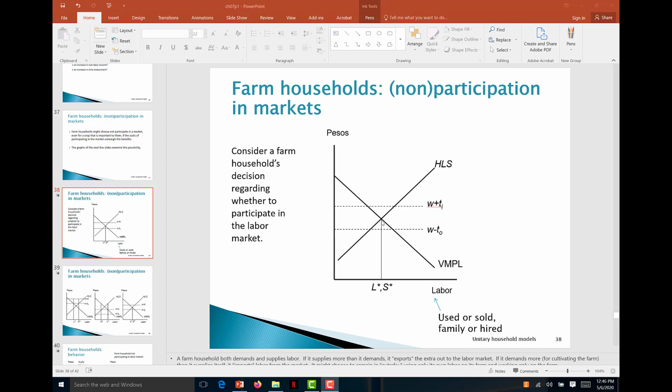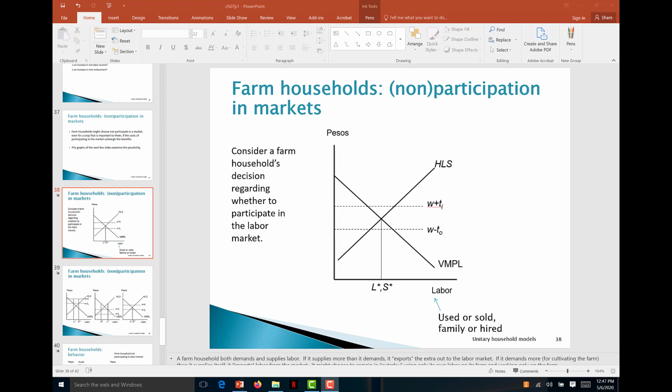However, if you want to earn money on the labor market, so if you want to work for someone else, we have to subtract TO, which represents the per day transfer cost of hiring out family labor to the labor market. You have to go to some other place, essentially commute to work, versus if you work on your own family farm, it's right there.